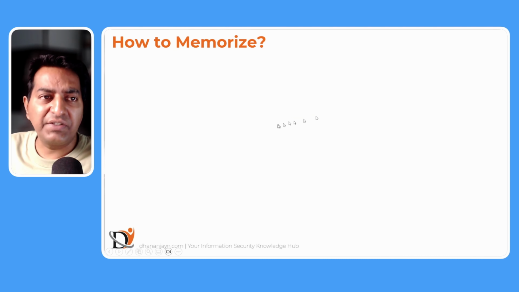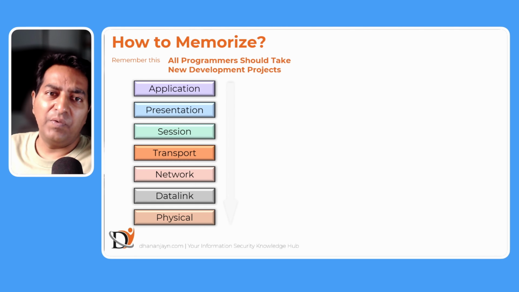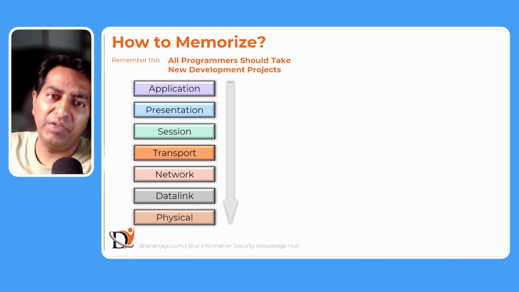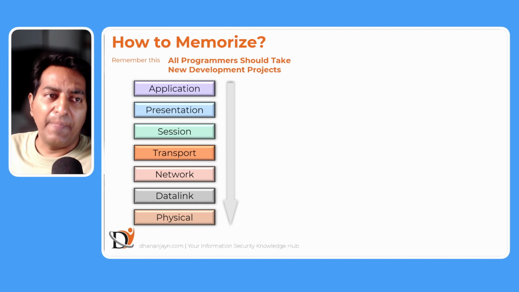So moving next, how to memorize. To remember the OSI model, you can use the following phrase: all programmers should take new development projects, where each first letter corresponds to the name of the OSI layers in order. So the first letter A corresponds to application layer.